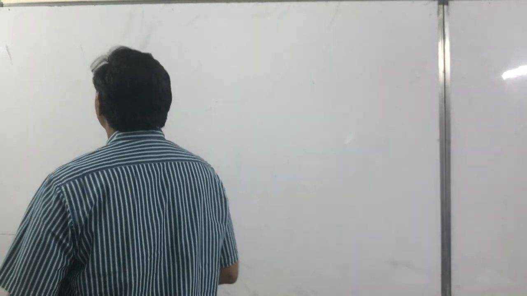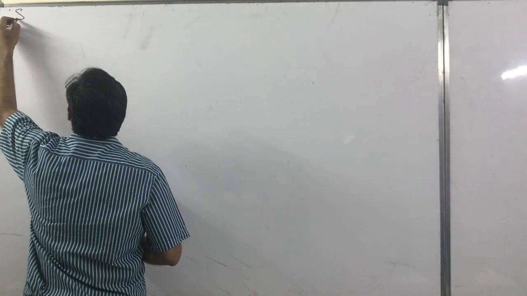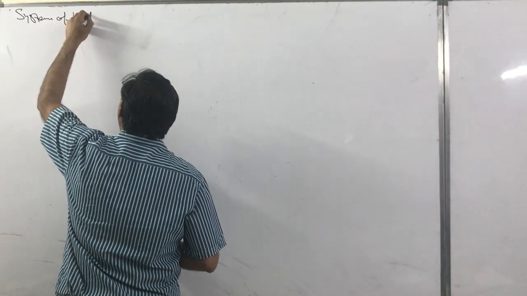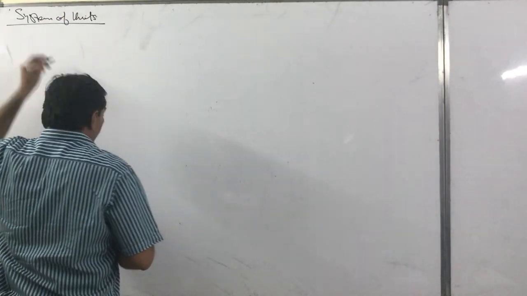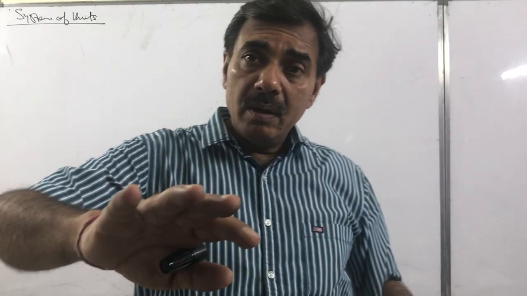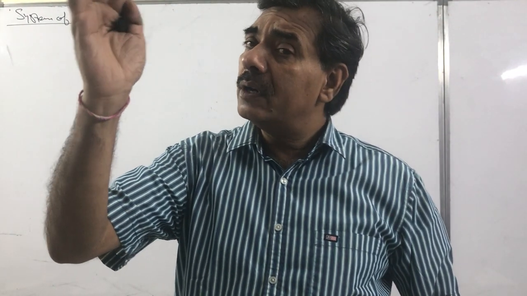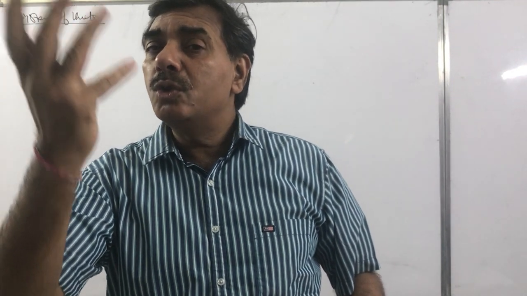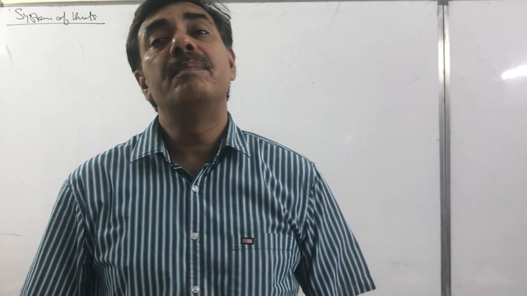That is why, as science progressed, we first of all had the foot-pound-second system of units. And the name of the system is obtained from mass, length and time. See, foot, the unit of length. Pound: mass used to be earlier measured in pounds.